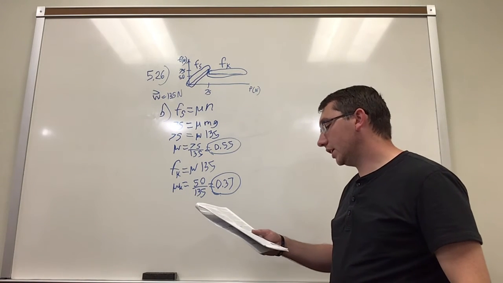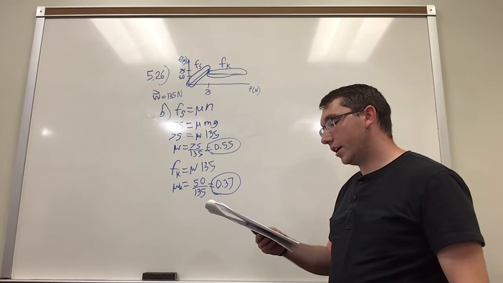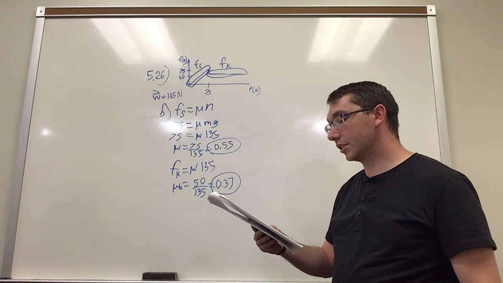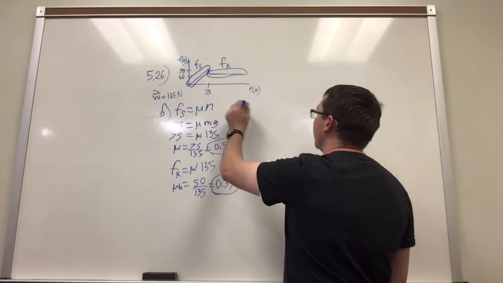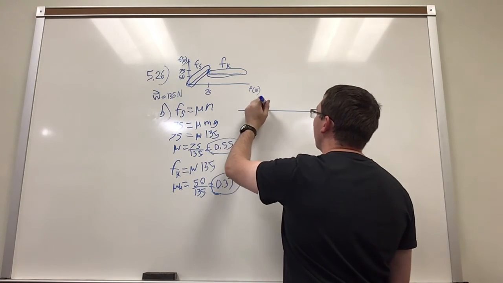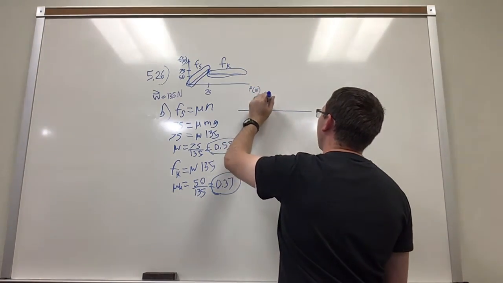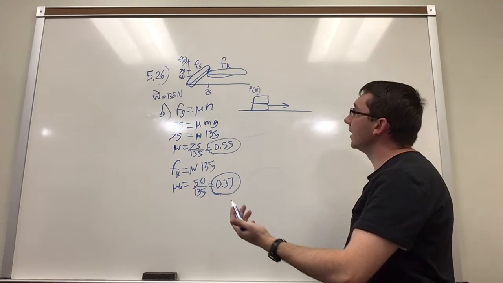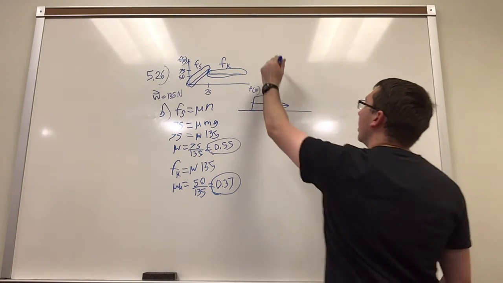And then part D asks, what would the graph look like if a 135 Newton brick was placed on the block? So if we had the block from part 1 and then we added another one and we still were pulling on it, the graph would look identical except that the values would be changed.